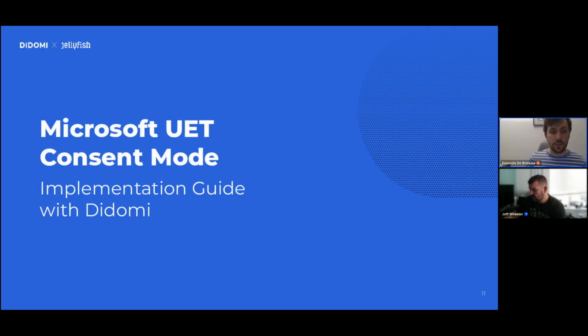We'll try to understand what this could mean for the future of measurement and what the key takeaways are that, as an analyst or tracking specialist, we could keep in mind for the future of our setups. So let's begin with the implementation guide.